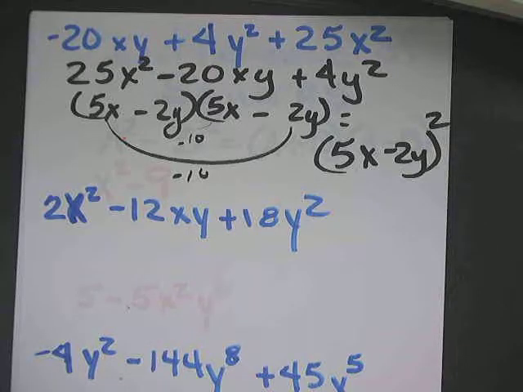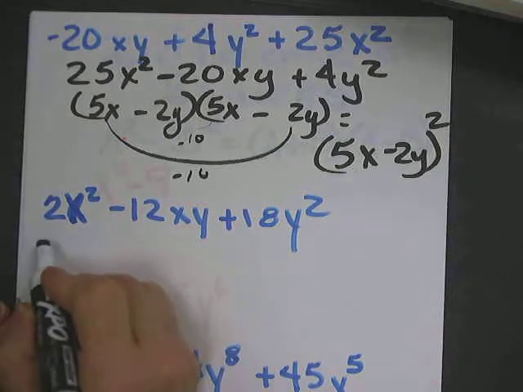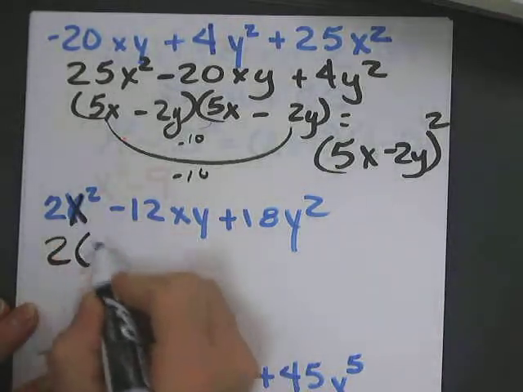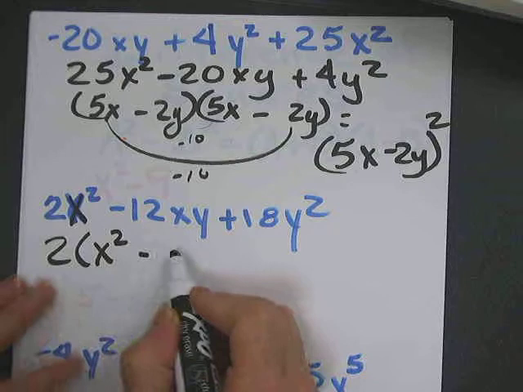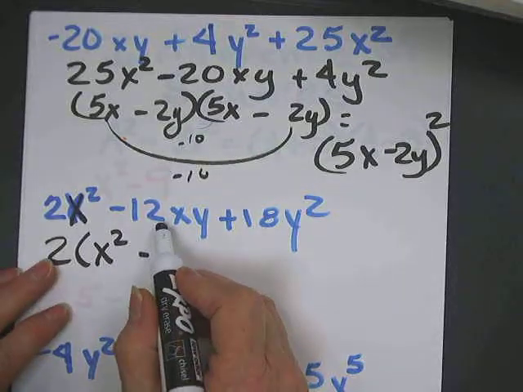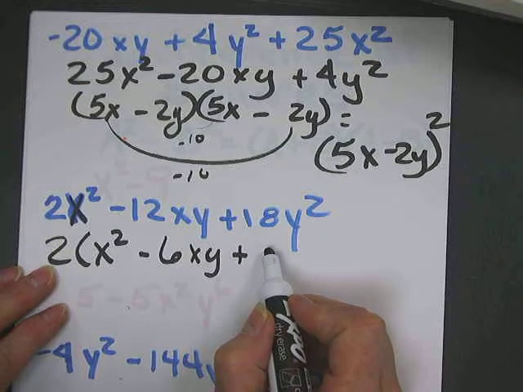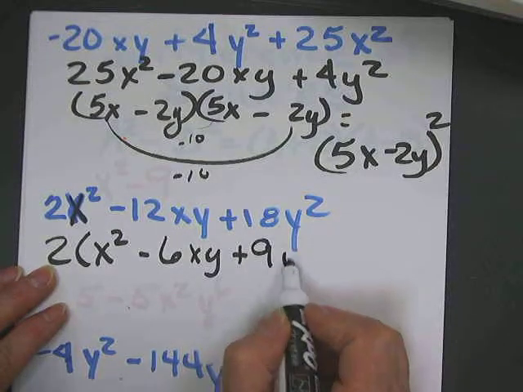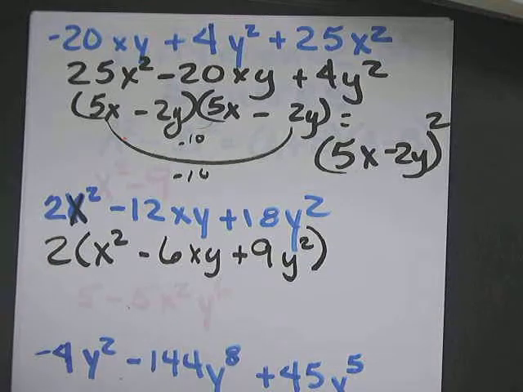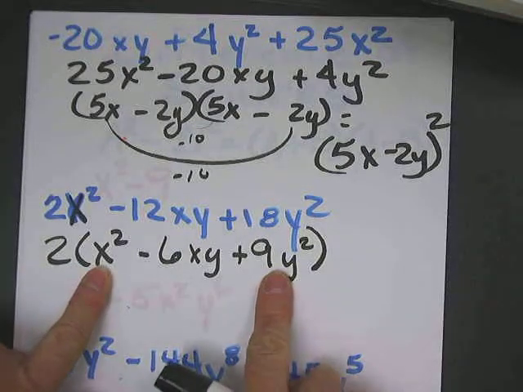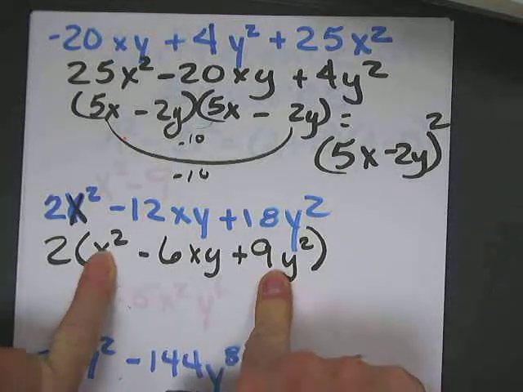Okay. Next term, is it in descending order? Of the x's, yeah. And ascending with y's. Does it have anything in common? 2. Okay, let's factor 2 out first. Next term. 6xy. 6xy, last term, 9y squared.